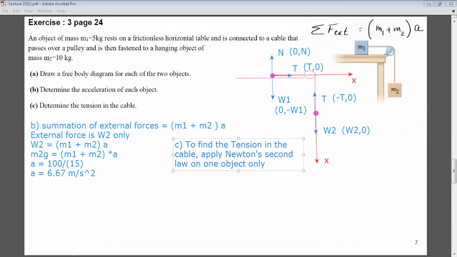In the solution, I did it on object 1, but here I can do it on object 2. So choose object 2, for example.